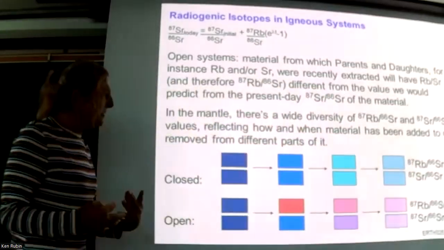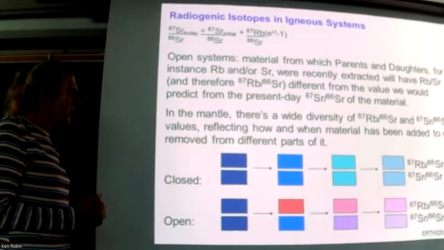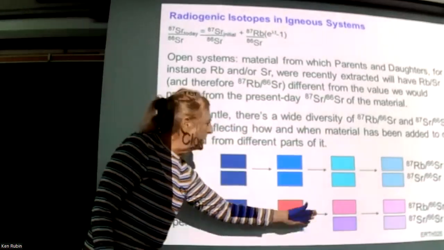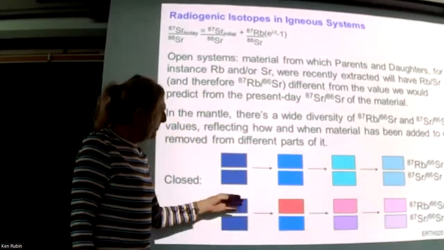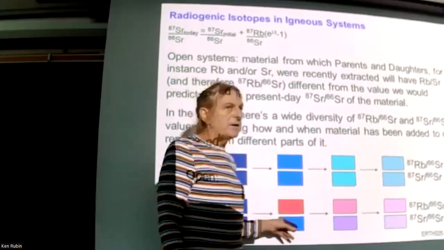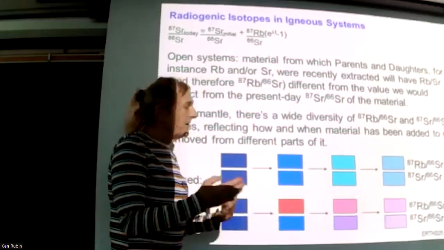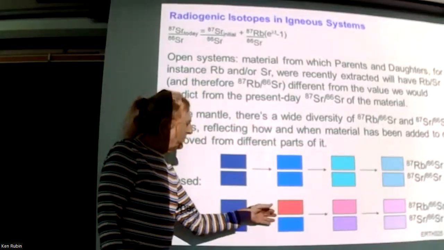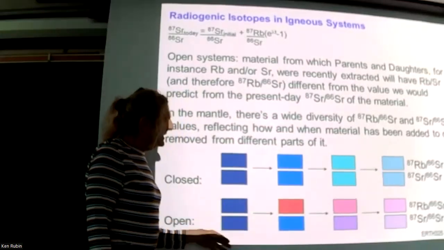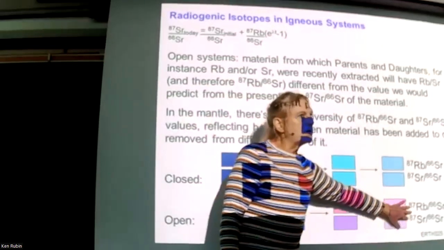We have an open system where, let's say we add some rubidium or we subtract from rubidium, it doesn't really matter which. Depending on when we do it in this time process, I've done it between step 1 and step 2, we get a chemical disequilibrium between the parent and the daughter, which will persist forever. Okay? If we give it enough time, the more ancient this fractionation was, the more likely this new event is going to be reflected in the final ratio we measure today.